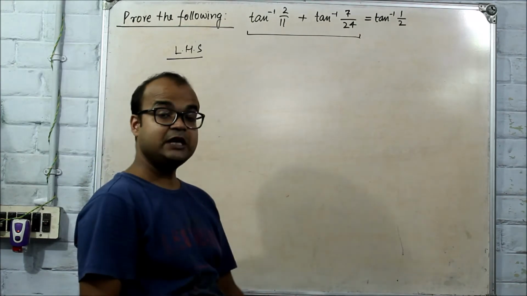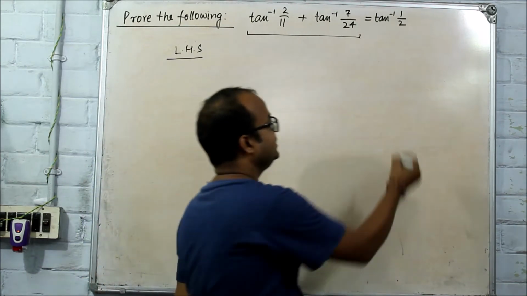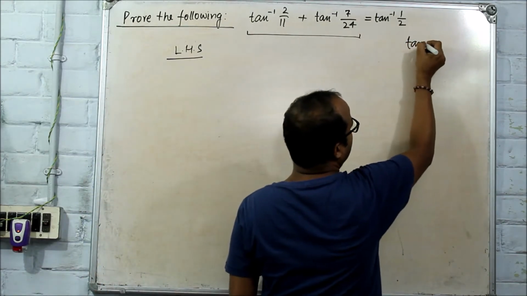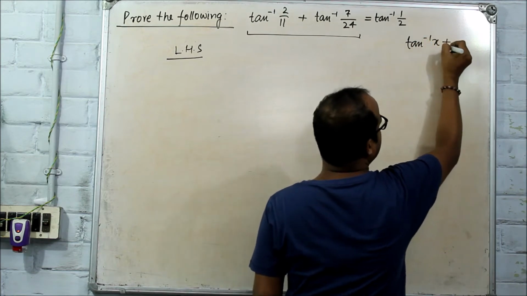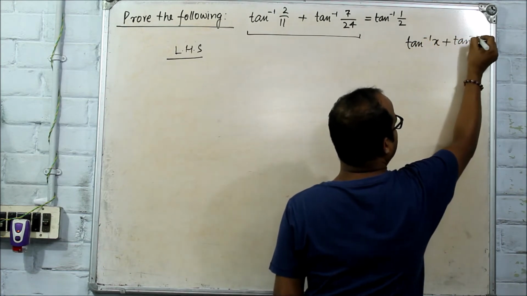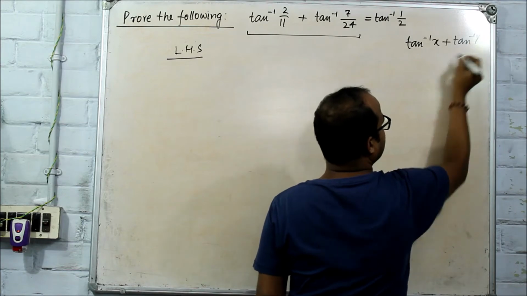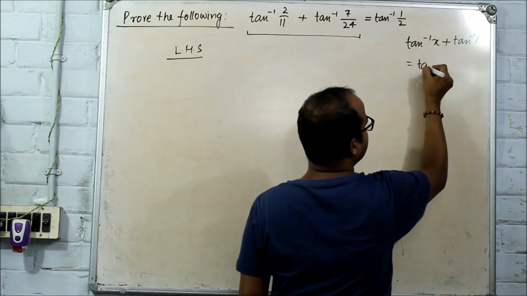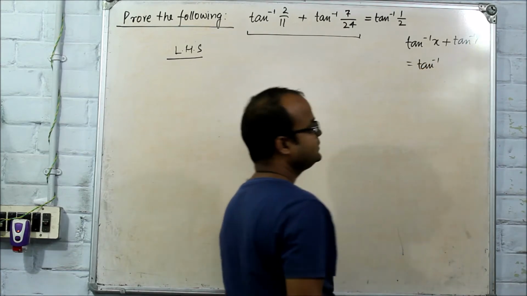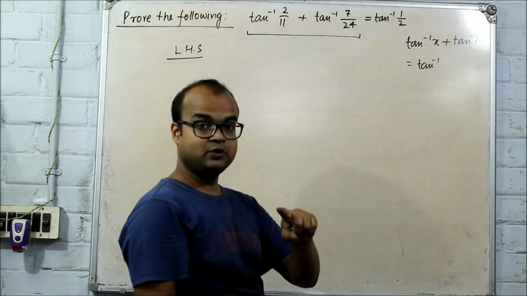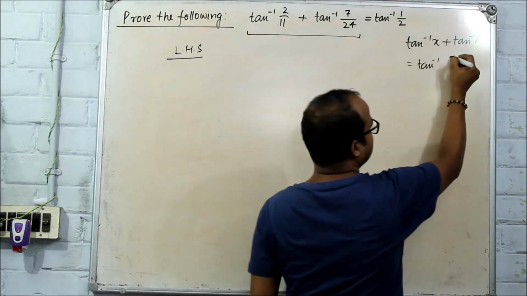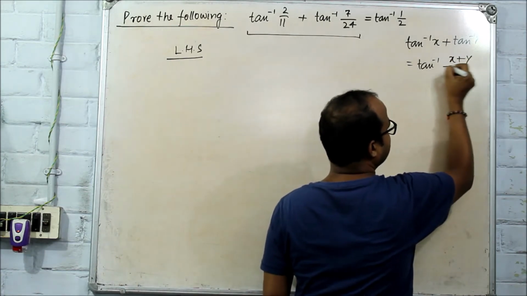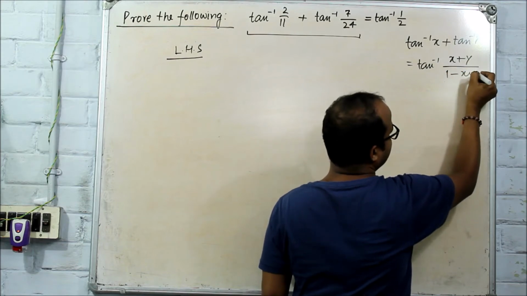Now next we are going to apply the formula: tan inverse of x plus tan inverse of y is equal to tan inverse of, the a plus b formula, x plus y by 1 minus xy.